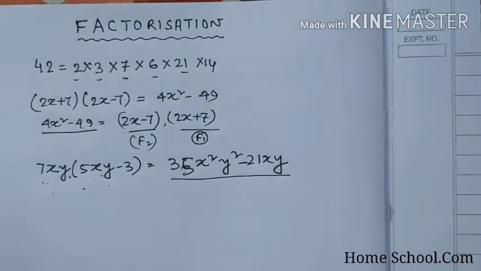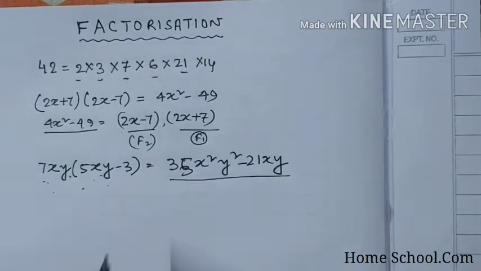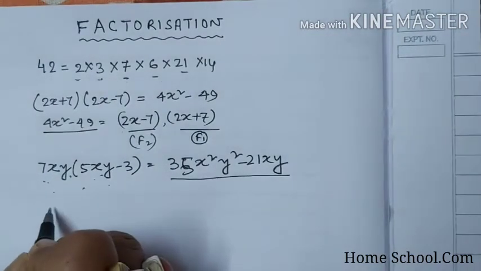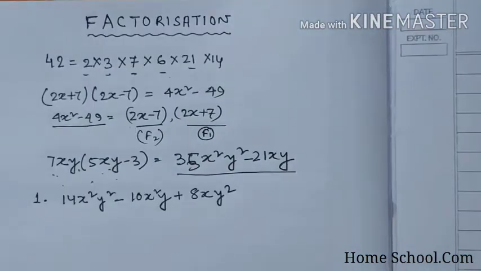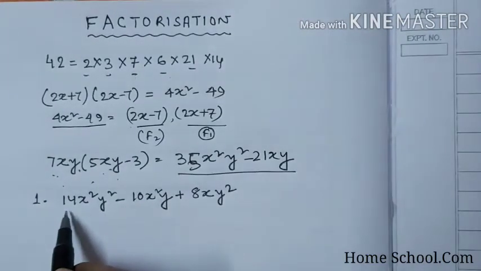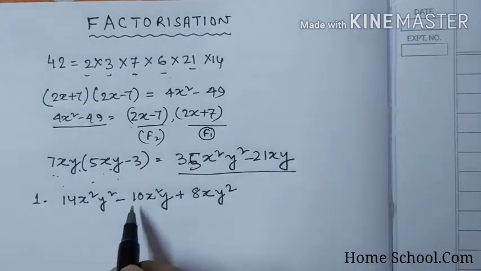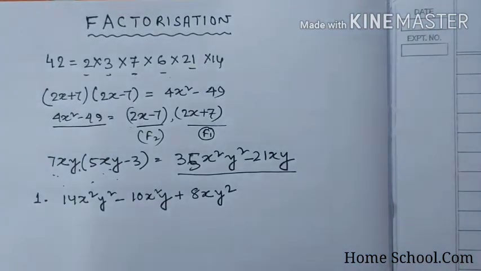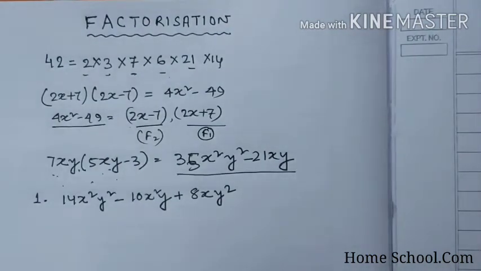Now let us solve some examples of factorization. Let us solve one of them. The expression is 14x square y square minus 10x square y plus 8xy square. This is a polynomial.